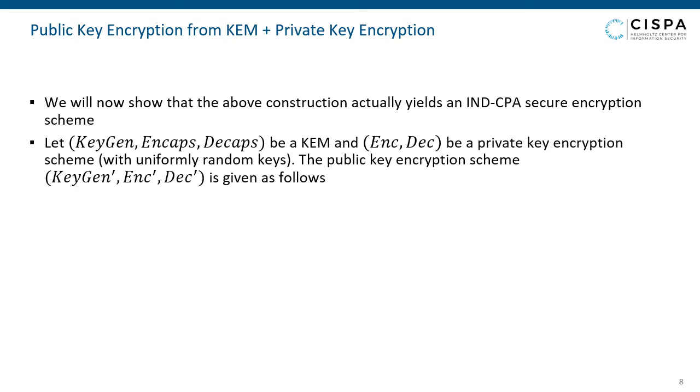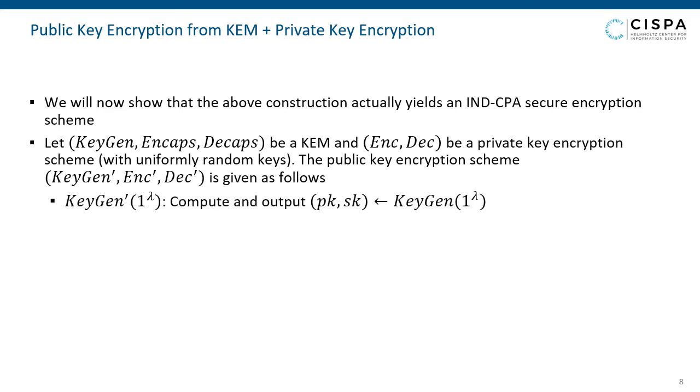So assume that (KeyGen, Encaps, Decaps) is a key encapsulation mechanism and (Enc, Dec) is a private key encryption scheme, which for simplicity just uses uniformly random keys. Now we can construct a public key encryption scheme, (KeyGen', Enc', Dec'), as follows. So KeyGen' just computes KeyGen, the keygen algorithm for the key encapsulation mechanism.